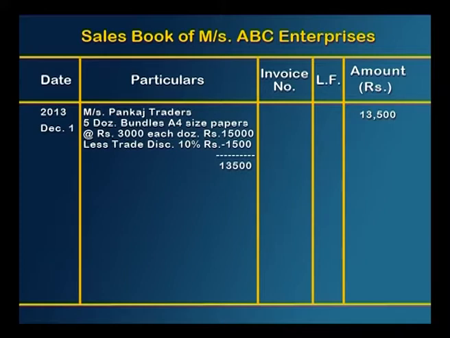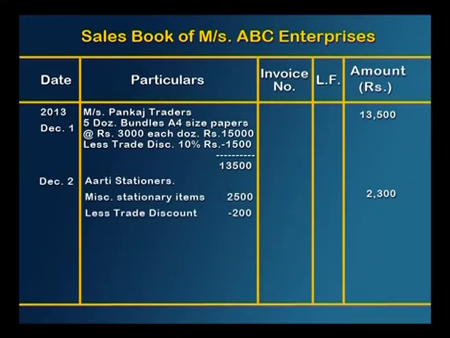You can see in the particulars column the name of the customer, Messrs Pankaj Traders, followed by the details of the items sold, that is 5 dozen bundles of A4 size papers at the rate of 3000 rupees each dozen, making a total value of 15,000, which is reduced for trade discount of 10%, that is 1500 rupees, and the net amount is shown in the amount column, that is 13,500.